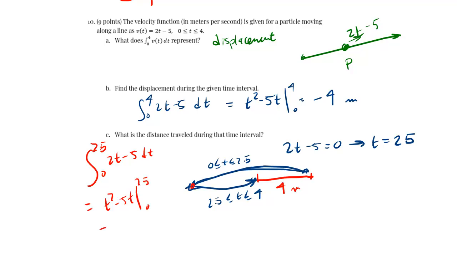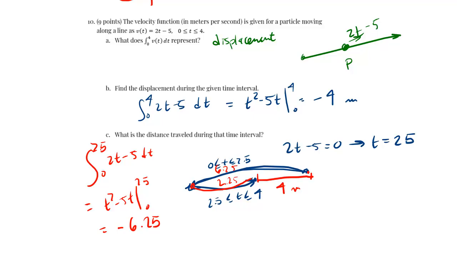So when I plug in the 2.5, I get negative 6.25. So the distance gone there is 6.25. And then we know in the last second and a half, we go back 4 meters. So if this is 6.25, I go back 2.25 more.